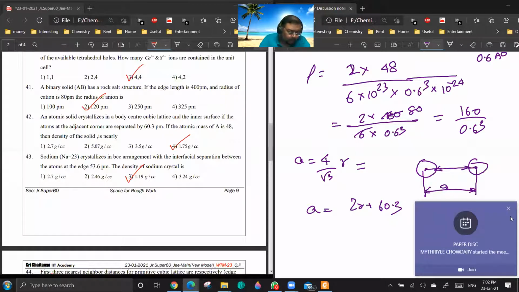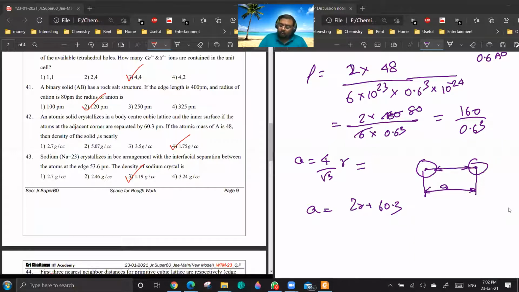Can you tell me? I think we calculated it right now. Sir, we can substitute 2r equals root 3a by 2, we get A directly. Yeah, you can do that also. You are saying that you are using it as root 3, no?